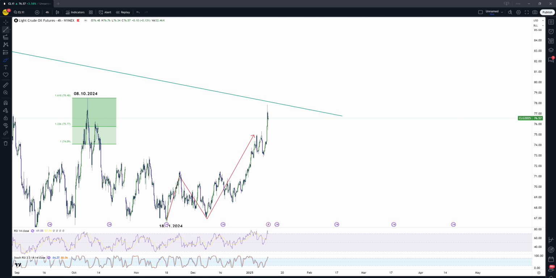It is important to understand that the bigger picture for oil is still not a bullish trend, and that shorter term reactions can dictate the market while the bigger picture remains.